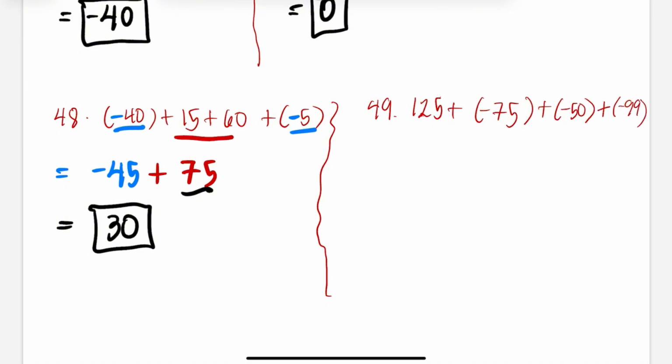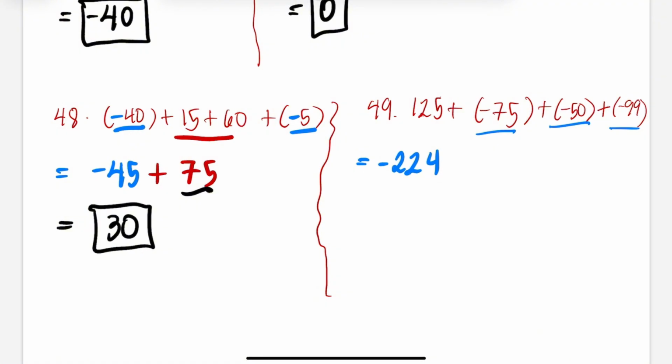Okay, let's check first. We only have one positive integer and we have three negative integers. So let's do the negative integers. 75 plus 50 plus 99. What will be the sum? 75 plus 50 plus 99. The sum is 224 negative.